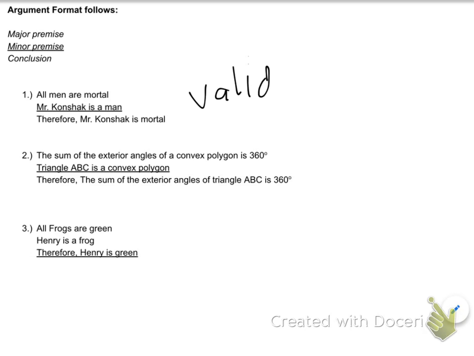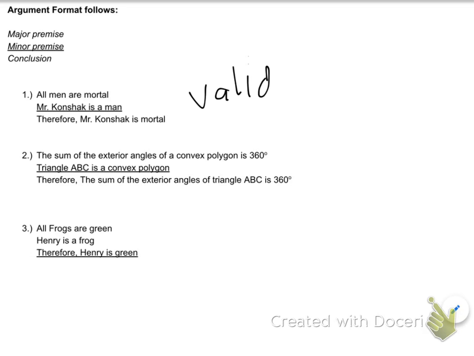Number 2. Hey, we can make these things mathy too. The sum of the exterior angles in a convex polygon is 360 degrees. I do believe that would be a definition. Definition of the exterior angles of a convex polygon, adding to 360.